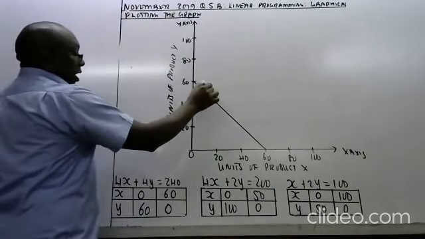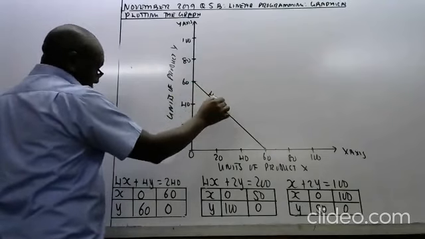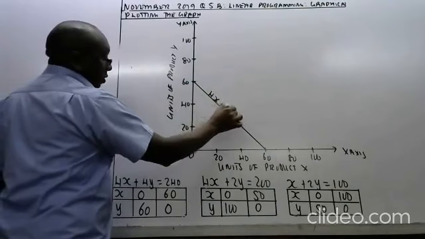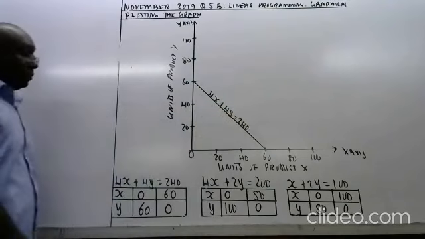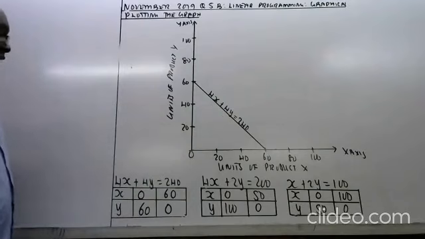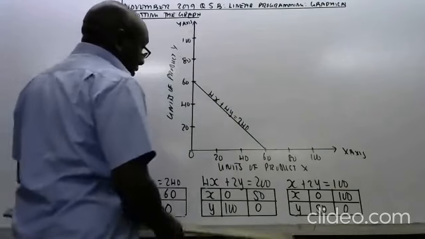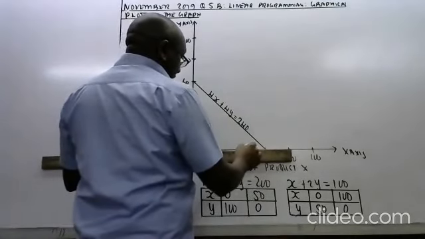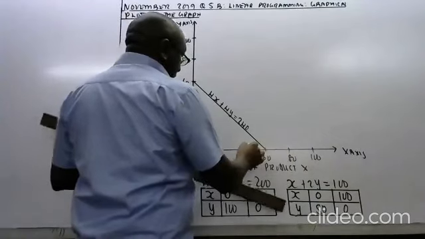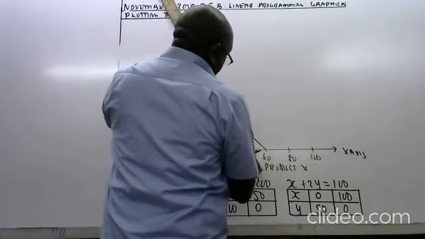So this is 4x plus 4y is equals to 240. Then y being 100 here, this is 50. So my 50 is here.